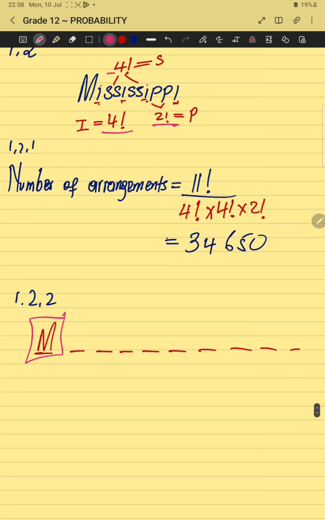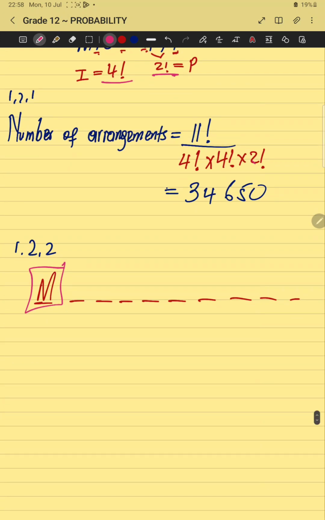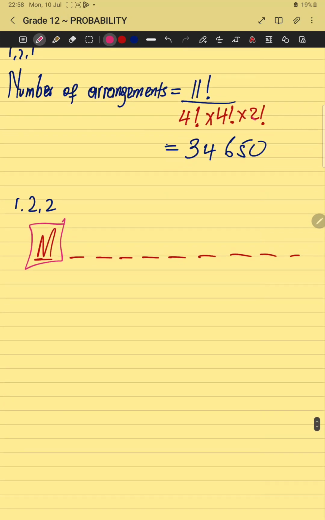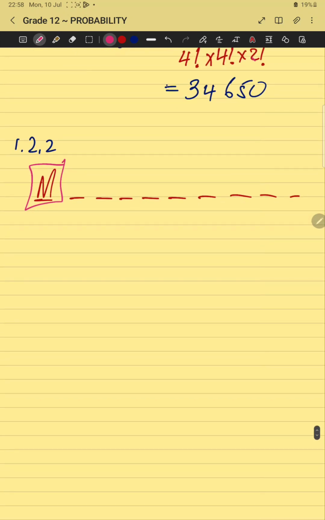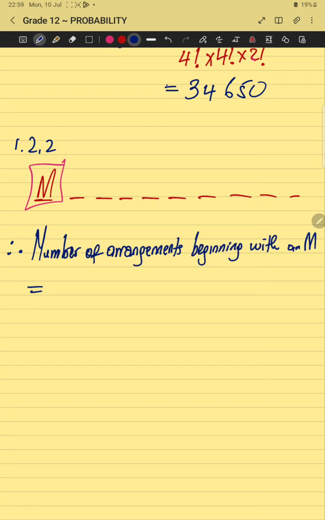Repetition was for S and I and P. So we're going to have the same values that we had in the first question in the denominator. So let me just conclude, it is equal to 10 factorial. And then remember, I'm going to repeat those numbers because we're still having those letters there, right?